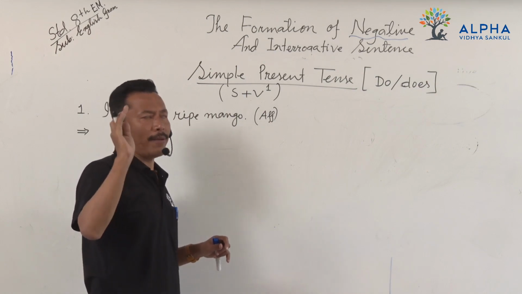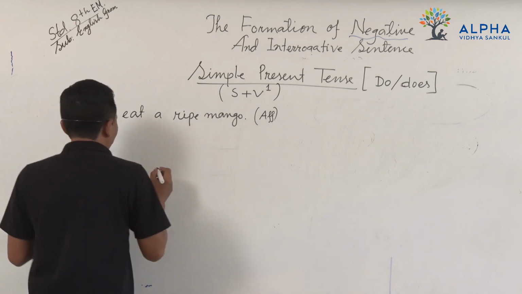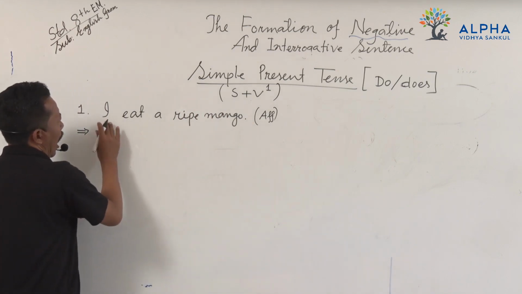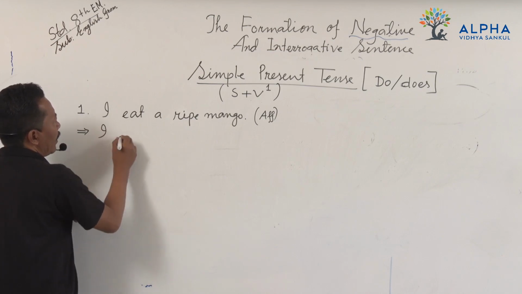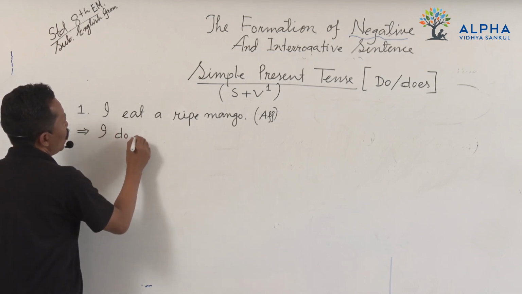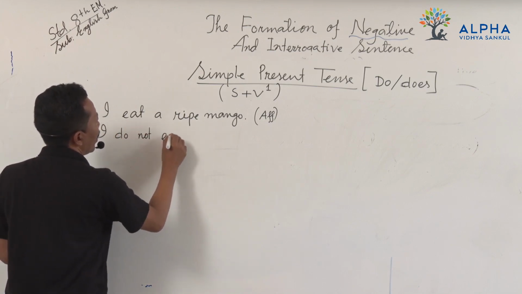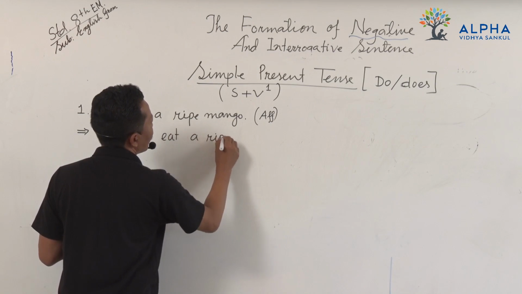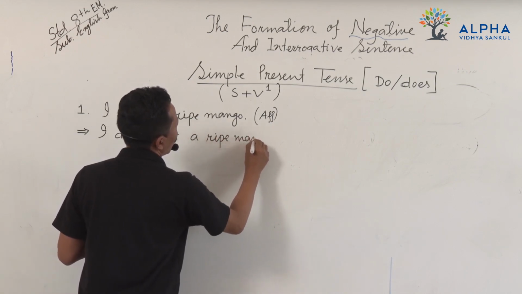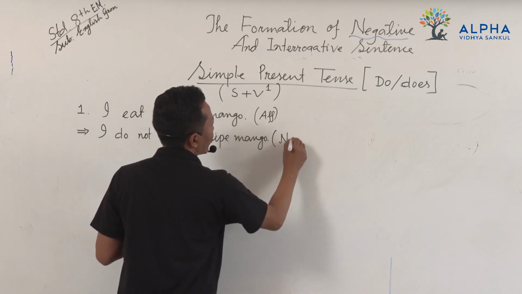Don't forget, remember. I eat a ripe mango. I do not eat a ripe mango. Now it becomes negative sentence.